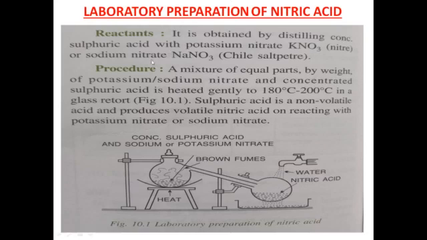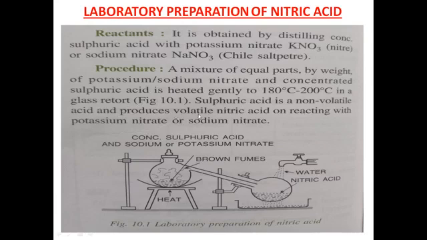Now how do we prepare it? A mixture of equal parts by weight of potassium or sodium nitrate and concentrated sulfuric acid is heated gently to 180 to 200 degrees Celsius in a glass retort. You can see it in figure 10.1. Sulfuric acid is a non-volatile acid and produces volatile nitric acid.